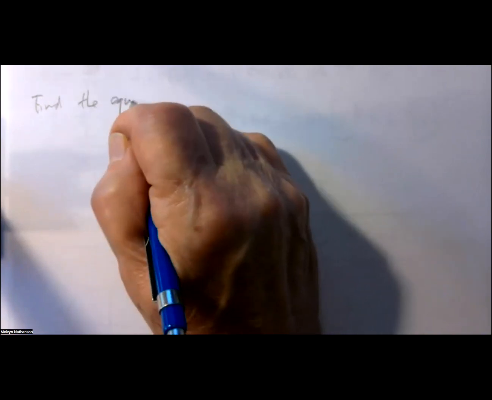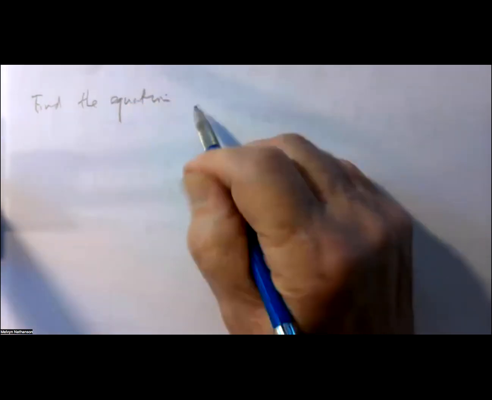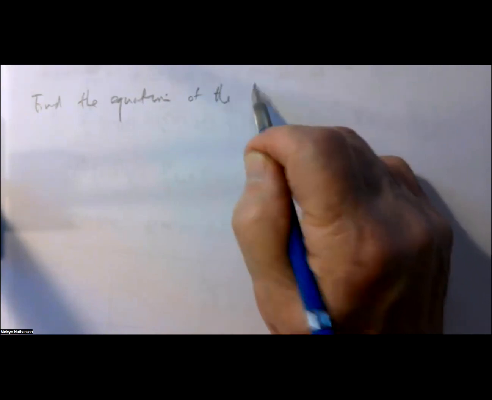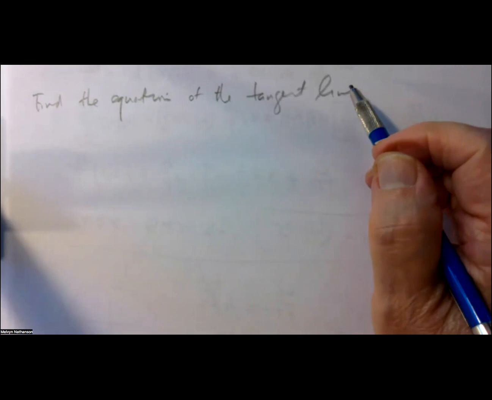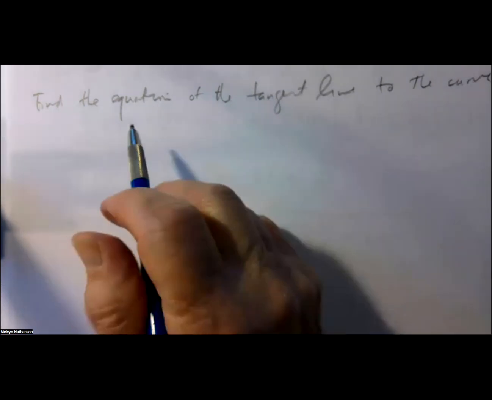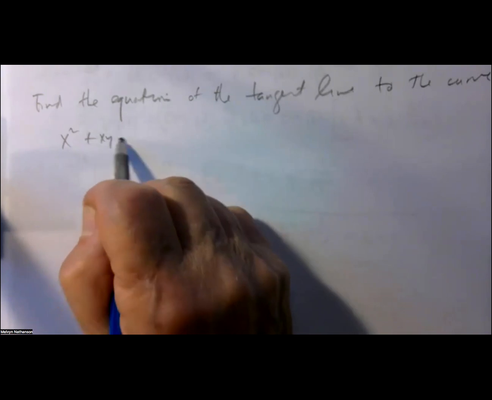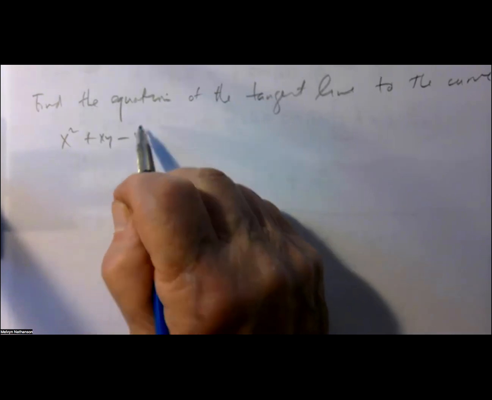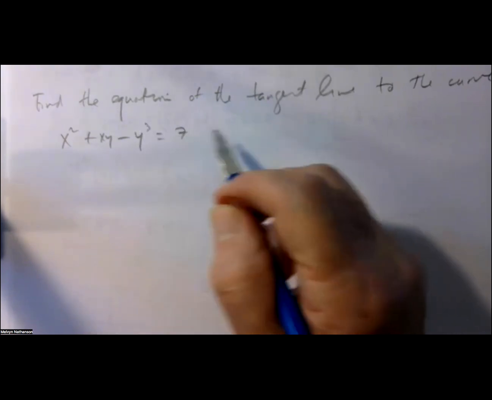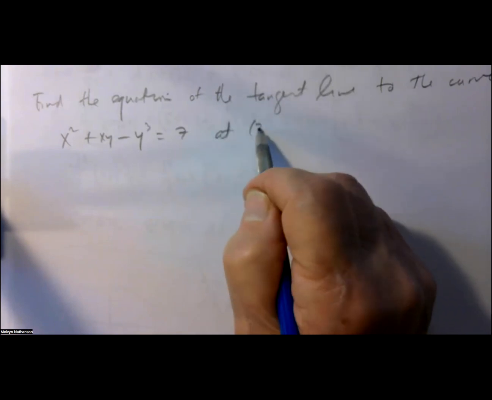That means find the equation of the tangent line to the curve x squared plus xy minus y cubed equals 7 at the point (3, 2).